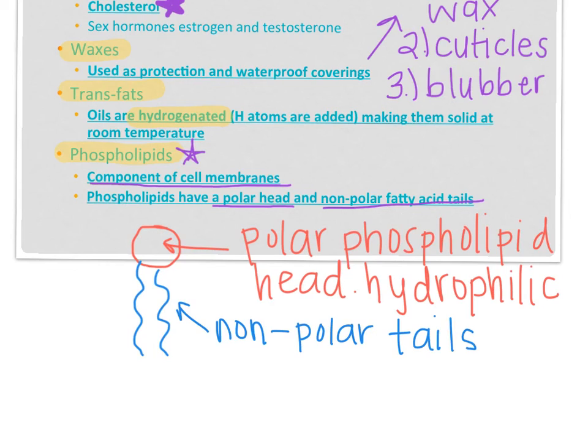Now, we said that anything that is non-polar does not like water. As a matter of fact, we say that the tails are afraid of water. So we call them hydro, again referring to water, phobic, meaning afraid of. So if you are arachnophobic, you are afraid of spiders.